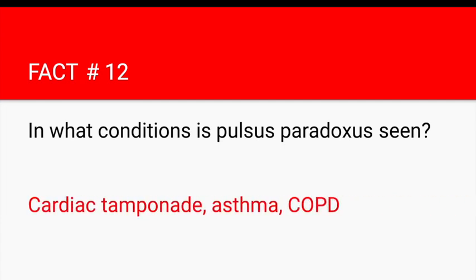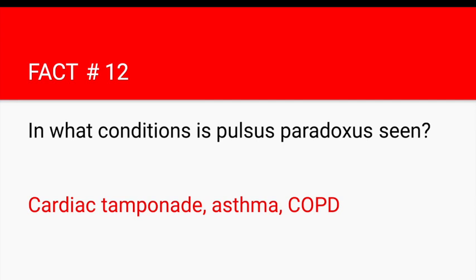So a pulsus paradoxus is an exaggerated fall in systolic blood pressure greater than 10 millimeters of mercury during inspiration. So just remember, a drop in systolic blood pressure of more than 10 during inspiration could be due to cardiac tamponade, asthma, or COPD. And that description is for pulsus paradoxus.